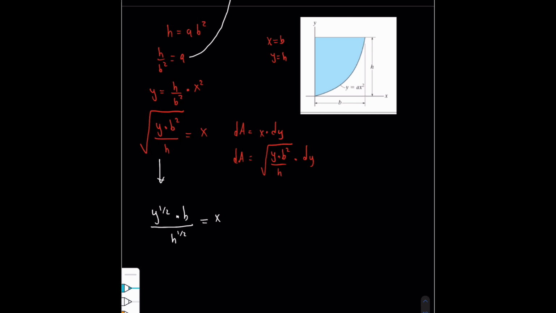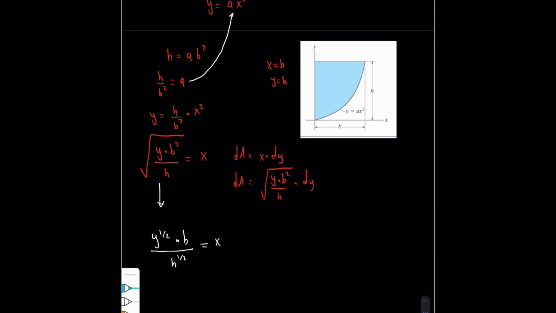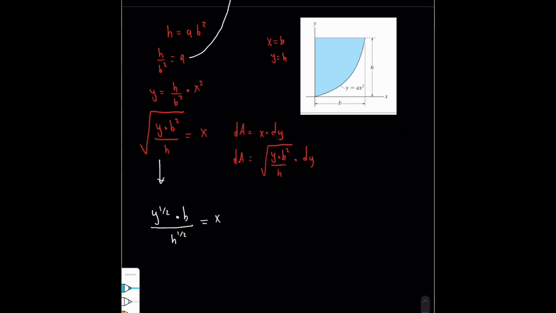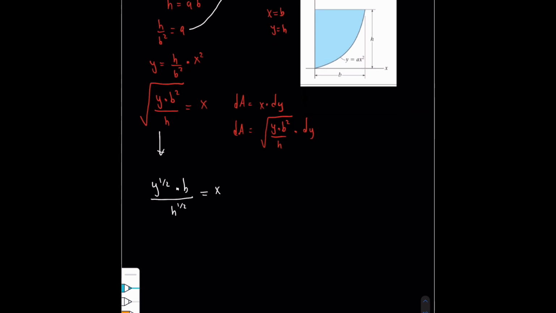Okay, now we actually have all we need here. We have all the components that we could plug in to find this integral. So I'm going to write here, we have all we need. Now plug into the equation to find the centroid.